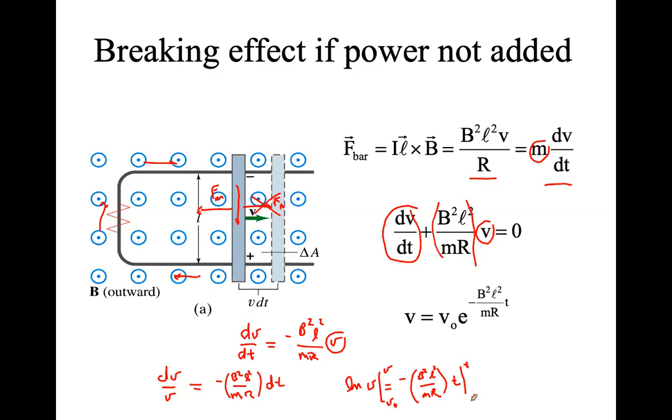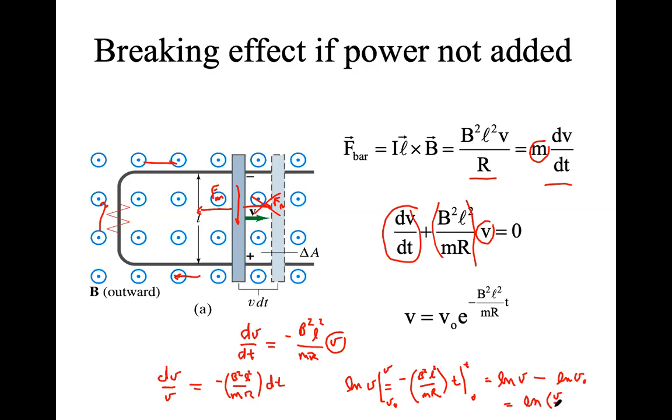Okay, the correspondence between the initial time when it was moving at some initial velocity and then what's going to happen to it over time. Well, let's see, that side is pretty trivial. T just goes in right there, 0 makes it 0. But this becomes the natural log of the velocity minus the natural log of the initial velocity. Difference of two logarithms is the ratio of those two things.